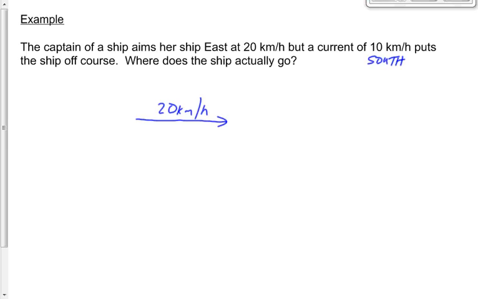So we're going to draw that as a solid line vector right here, right? 10 kilometers per hour to the south, right? Is that right? What's wrong? Good, I've drawn it front to front, can't do that. Let's switch it around here, make it front to back.